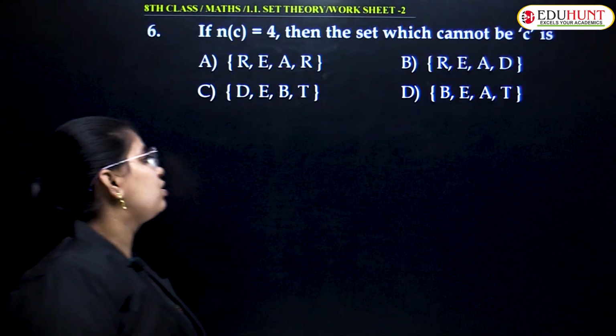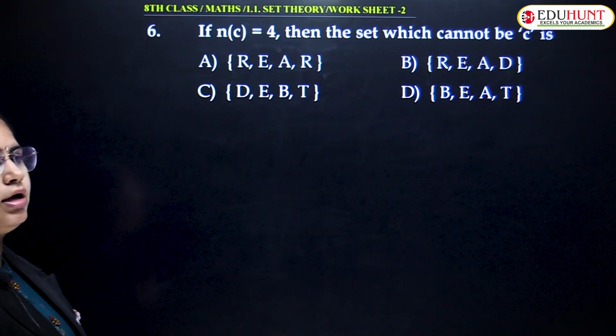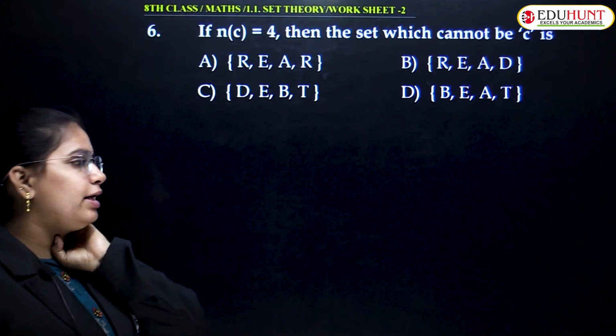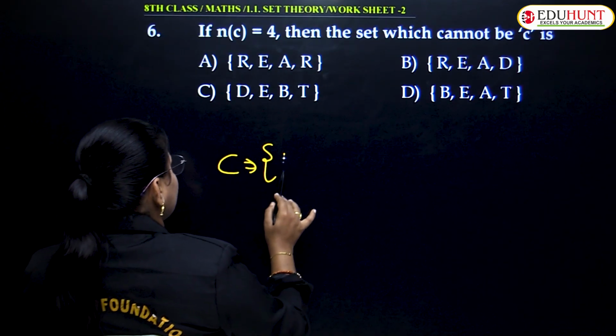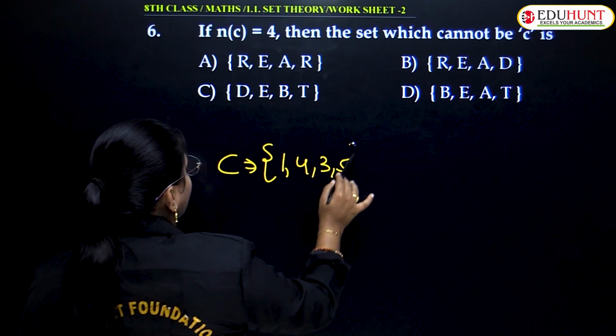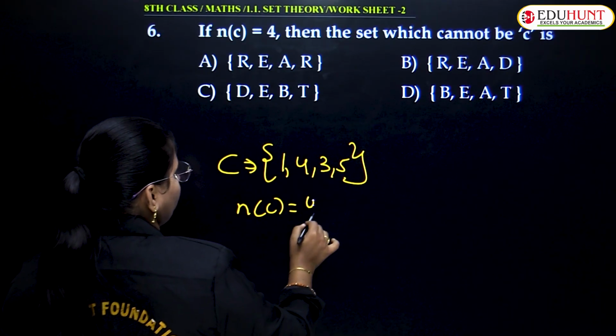Next question. If n of C is equal to 4, meaning the cardinality is equal to 4, you are taking one set. That means let us take 1, 4, 3, 5 as the elements. So what is n of C from this? 4.